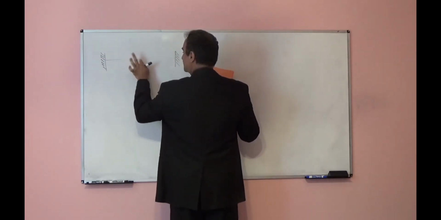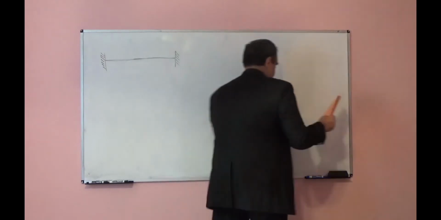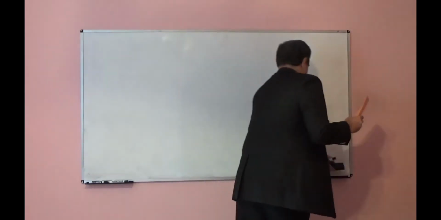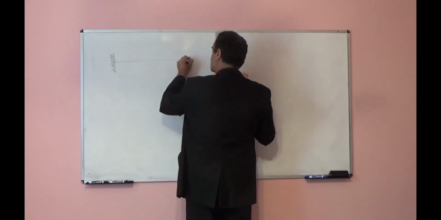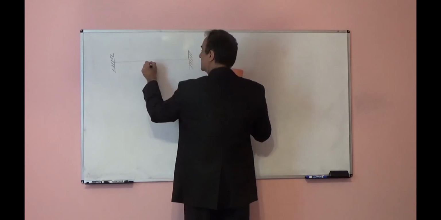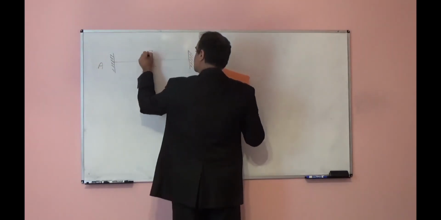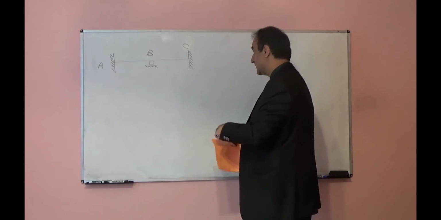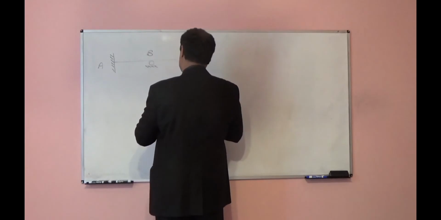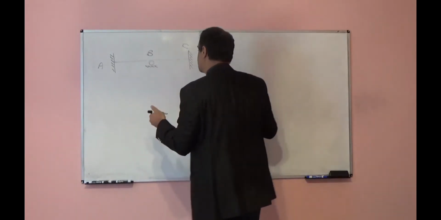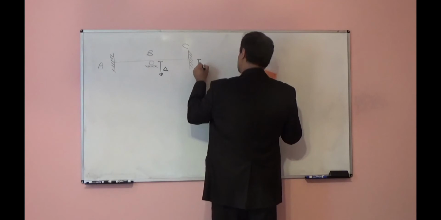We have this beam, with points A, B, C. We have settlement at both supports B and C. The settlement at support B is delta, and at support C it is again delta.